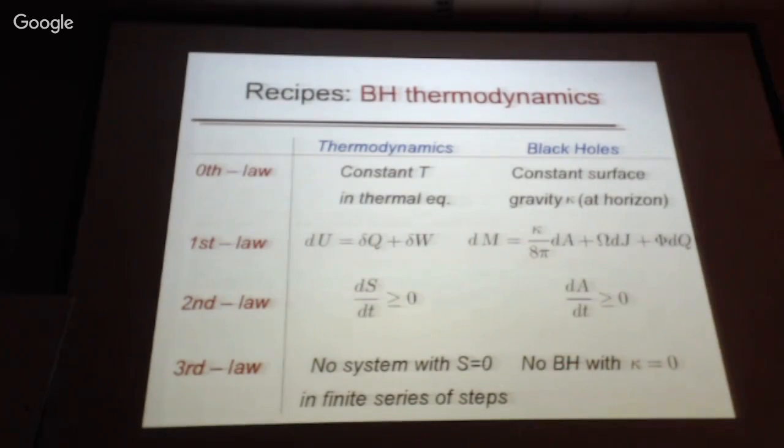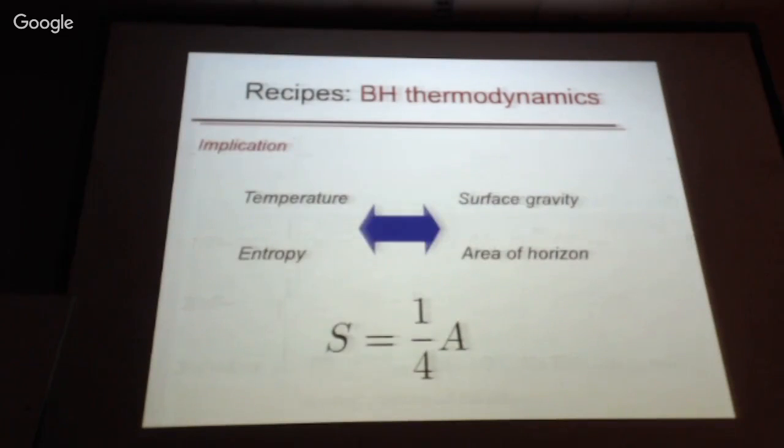And that is equivalent for a black hole to not reaching zero acceleration. So there's a key connection between temperature and the surface gravity, and entropy and the area of the horizon. And the way to relate that is that the entropy of a black hole is just a quarter of the area of its horizon.